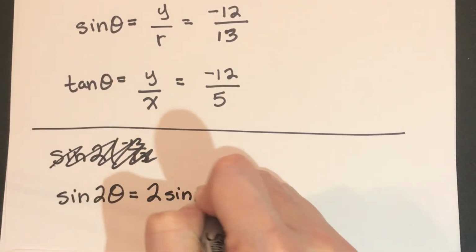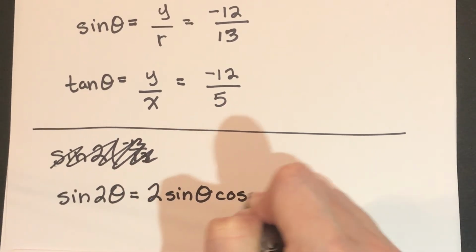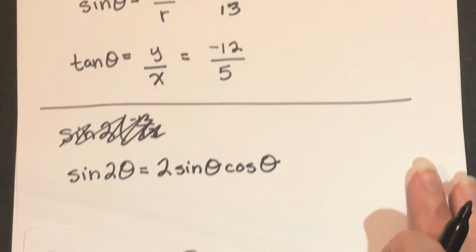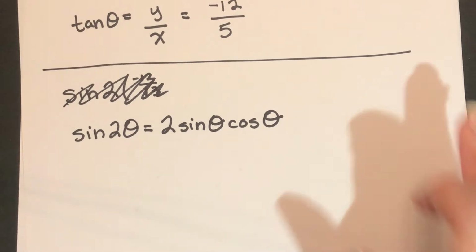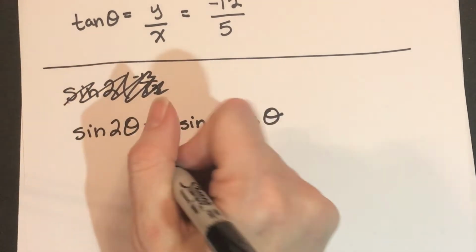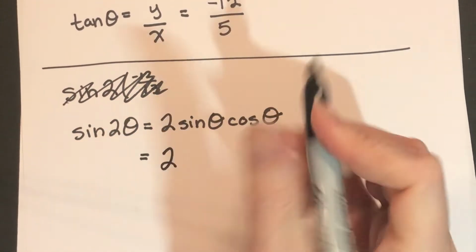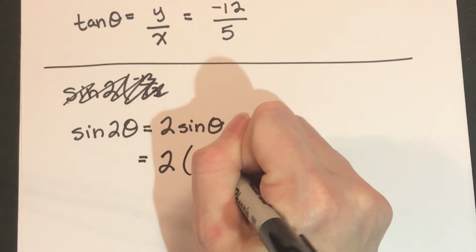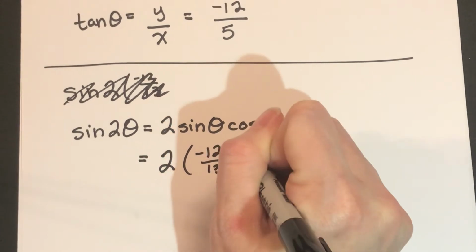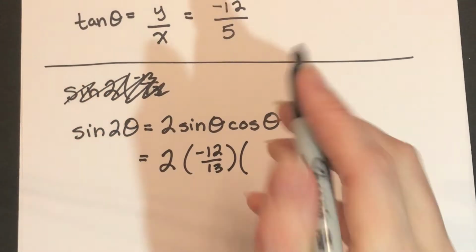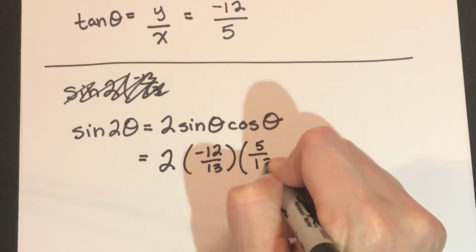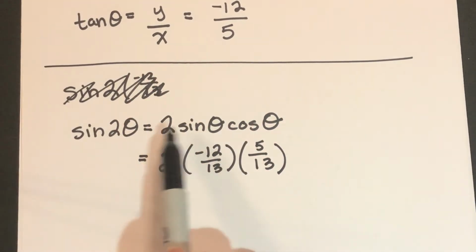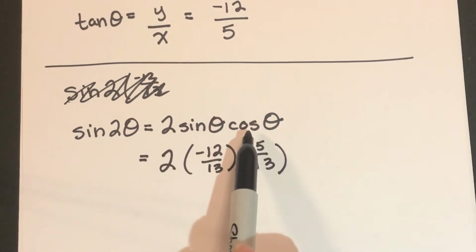I'm going to write this out first. Okay, so we found the sine was negative 12 over 13, and the cosine is 5 over 13. So 2 times the sine of theta times the cosine of theta.